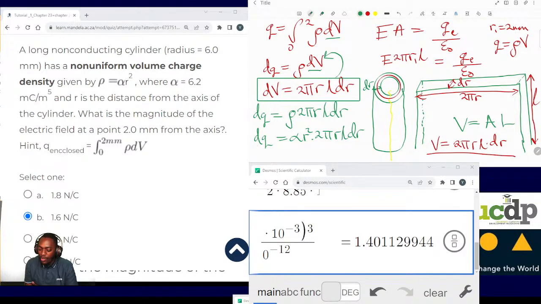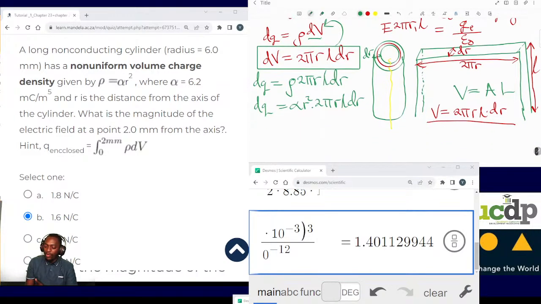So this is small q. We now want to find our Q, and to get rid of this dq, we integrate dq. If you integrate dq, you get Q, right? So if you integrate both sides, you'll get Q, which is what we want, equal to that from 0 to r1.